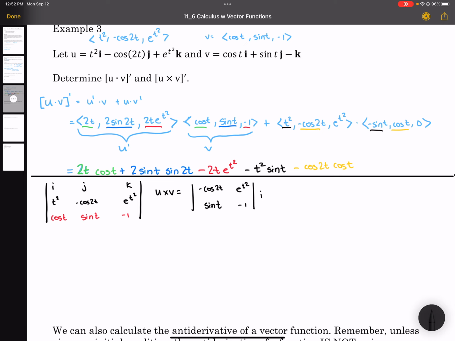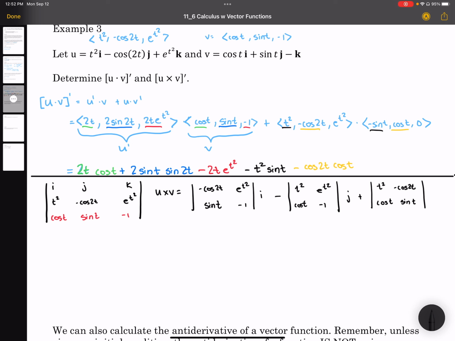And then minus for j, we're going to get t squared times negative 1 minus e to the t squared cosine t, j, and then plus for k, we're going to get t squared sine t minus negative cosine 2t cosine t.